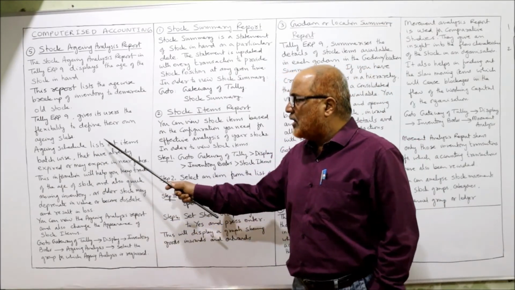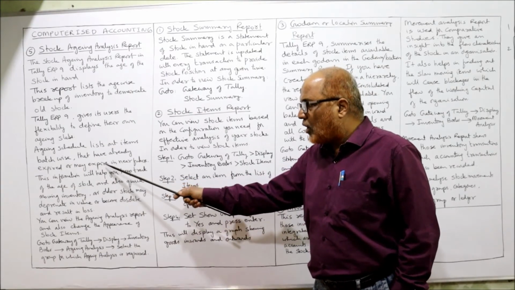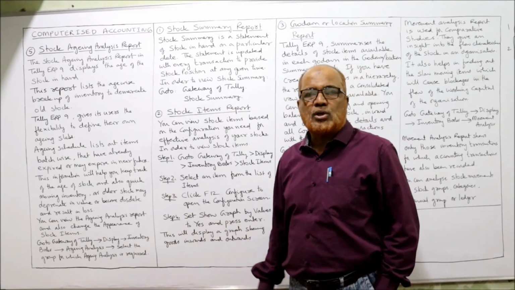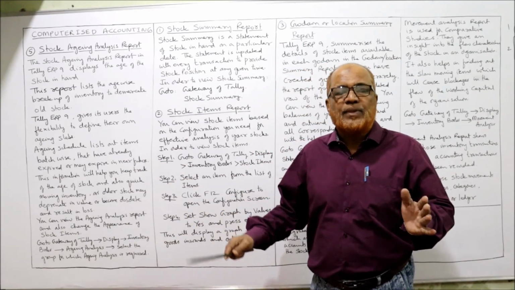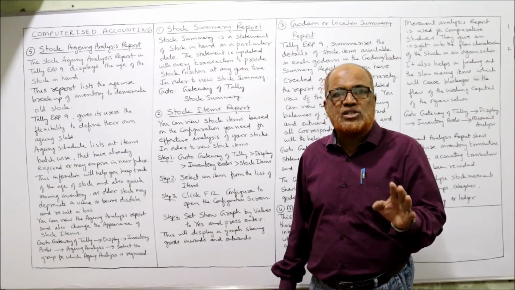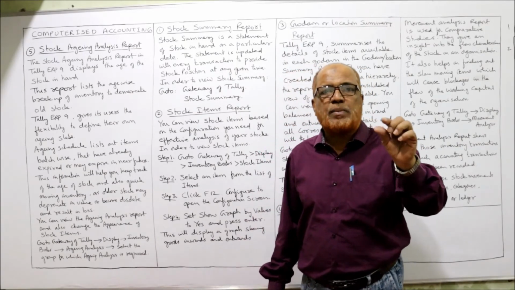The aging schedule lists out items batch wise that have already expired or may expire in future. So this aging analysis report will classify which items have already expired. Just like in medicines, we have expiry dates.